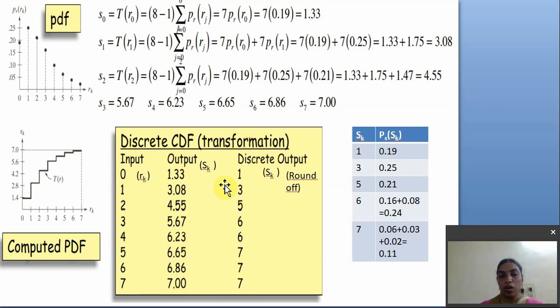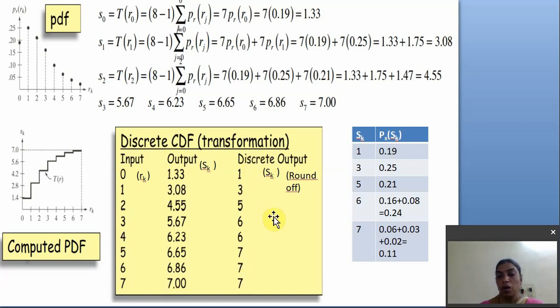So what is our understanding from this? Here, RK values are 0 to 7, but after applying the histogram equalization transformation operation on the image, you can get the SK values like this.